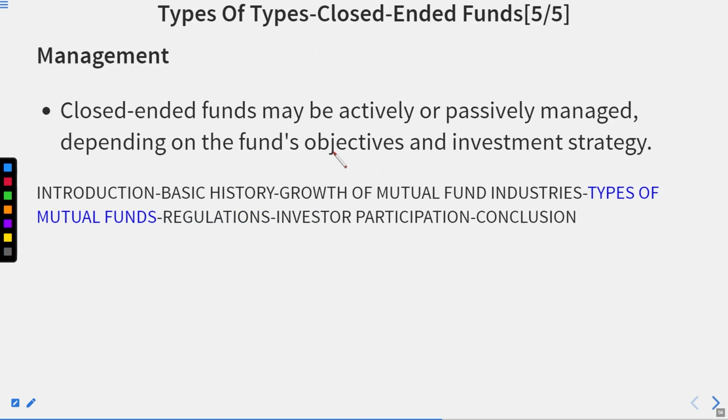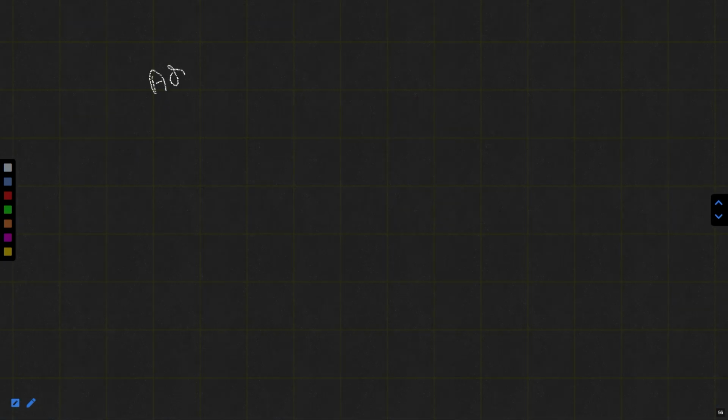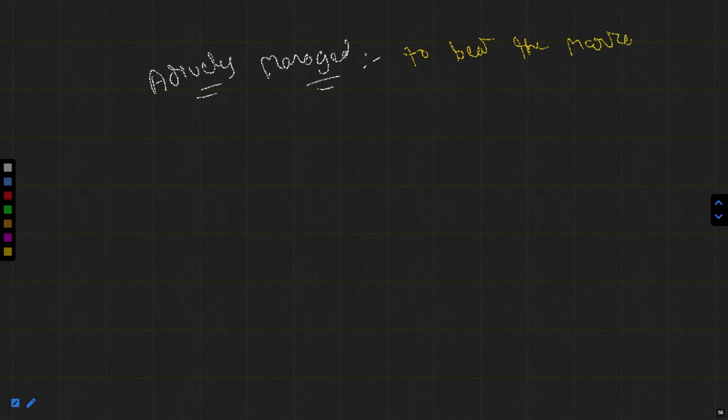Management. Closed-ended funds may be actively or passively managed, depending on the fund's objectives and investment strategy. Here we have two terms, actively managed and passively managed. What is the meaning of it? The aim of an actively managed fund is to beat the market and gain more and more returns.